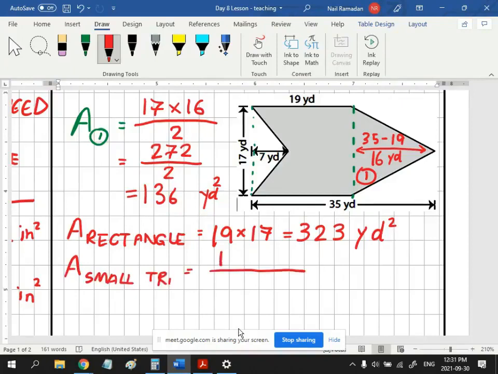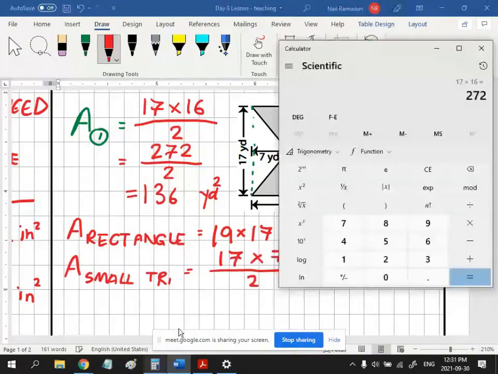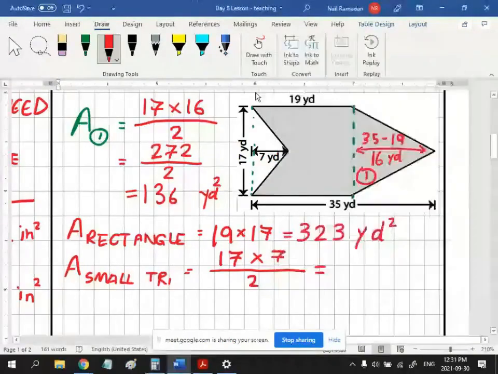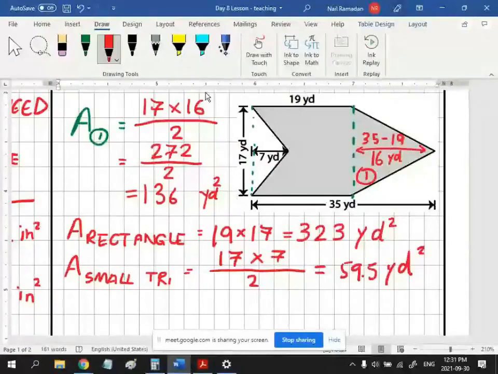But what's the height of that small triangle? Sure. Oh, that's going to give us a decimal. That's fine. So 17 times 7 divided by 2. 59 and a half. Yep, that's fine. 59 and a half yards squared.